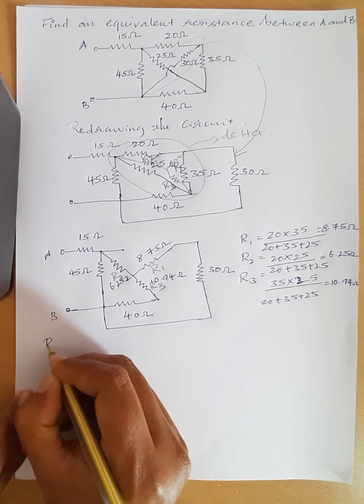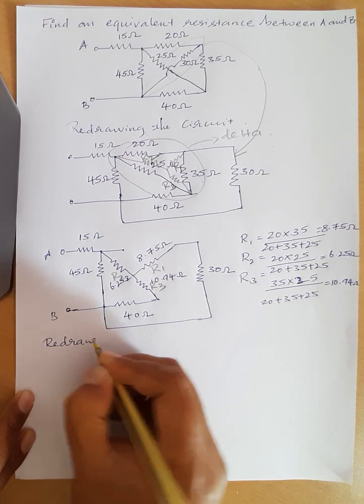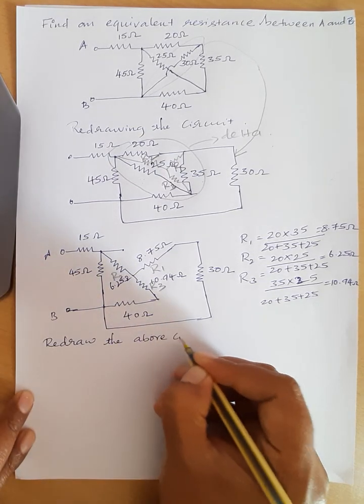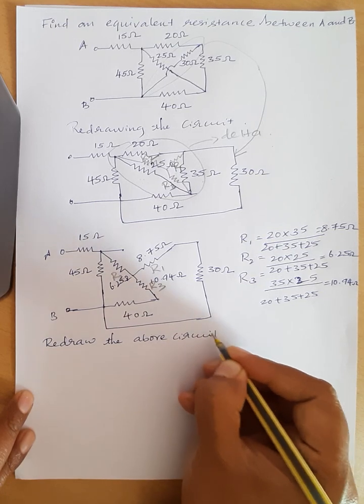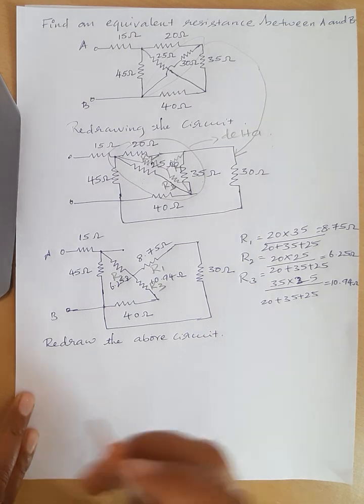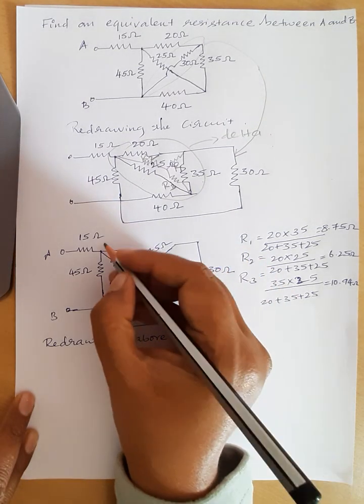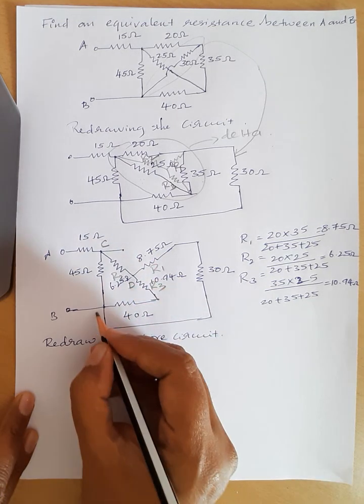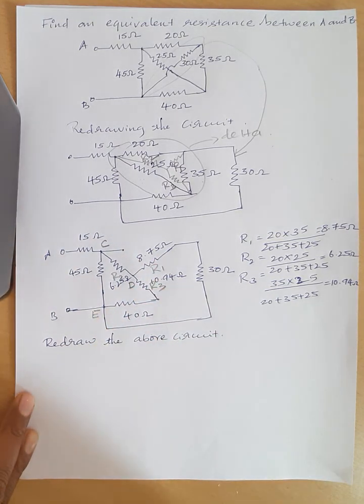Now again let us redraw this circuit so that it will look in a simpler way. I will mark this as C node, this as D node, and this as E node, some dummy nodes.